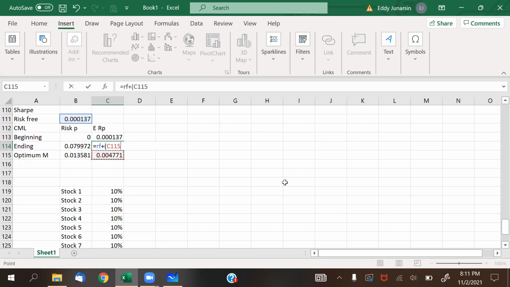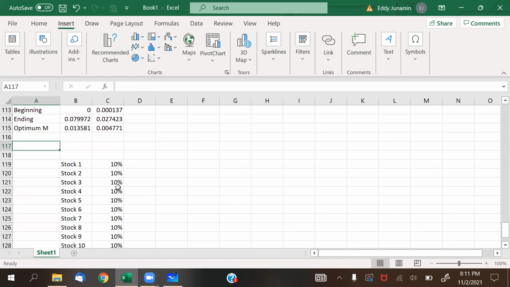Minus RF, divided by the risk of the market portfolio, this one. And then multiplied by the x-axis. The x-axis is this one, right? Portfolio risk. Okay, so we get a certain number that will change later because of the optimization, but we write it down. Now we'll do the optimization.